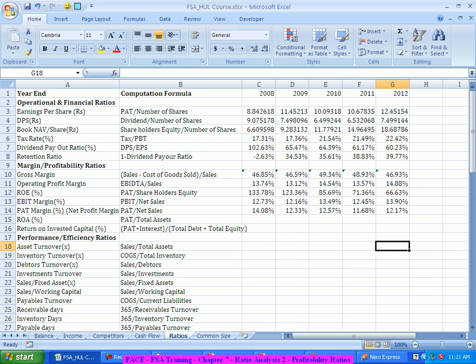The expectation of the investor is that the company should generate at least 15% return on every rupee. Whatever that number is, you may have 15, I may have 10, you may have 25. Each investor is different based on their risk-return characteristics.